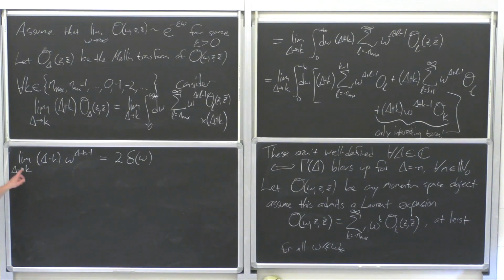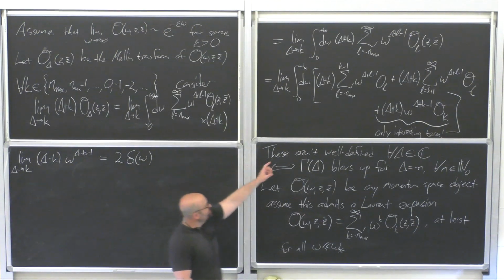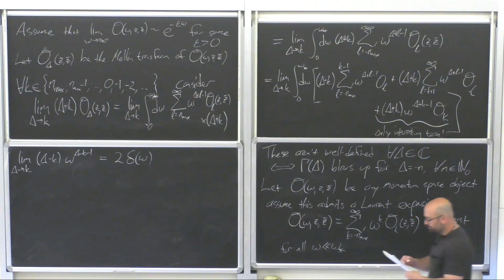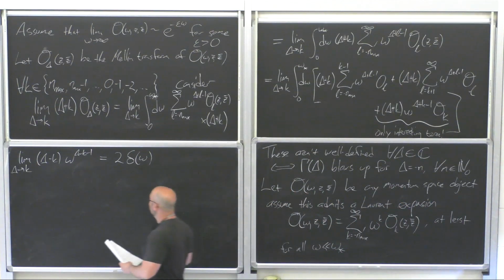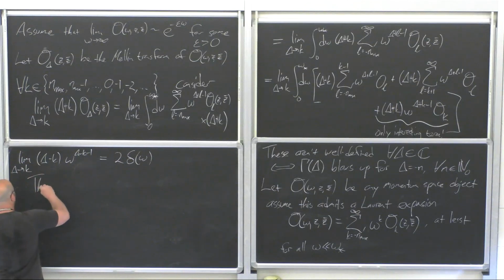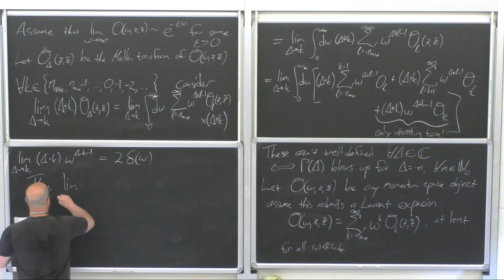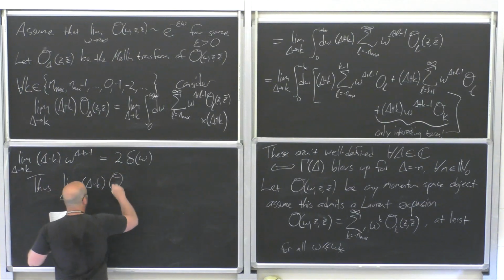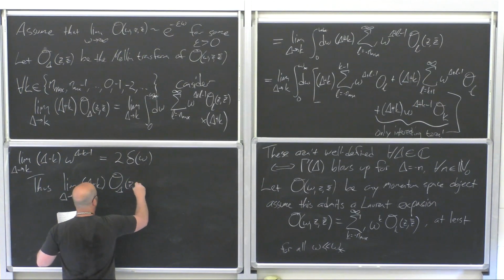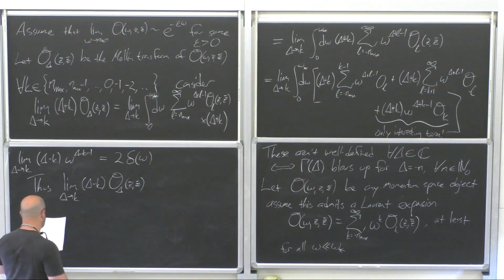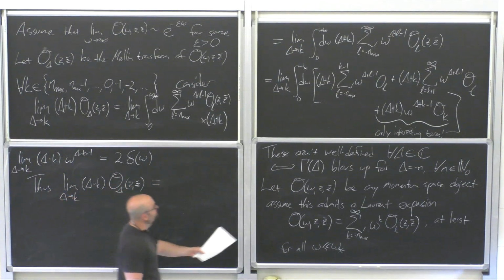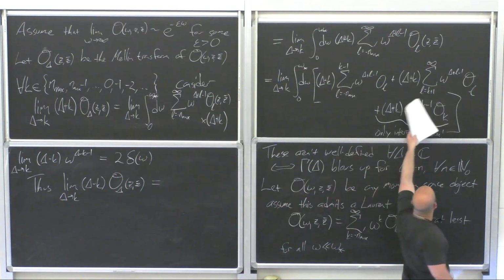So in precisely this limit, this one interesting term is going to be proportional to a delta function in omega, right? So thus, this limit that we were taking localizes on delta equal k, on precisely this term.